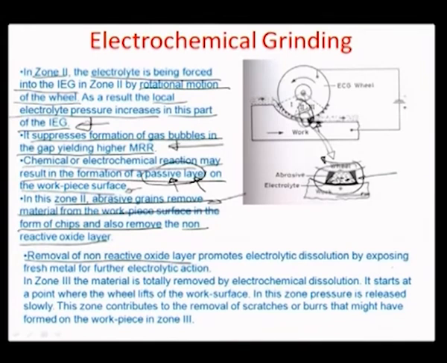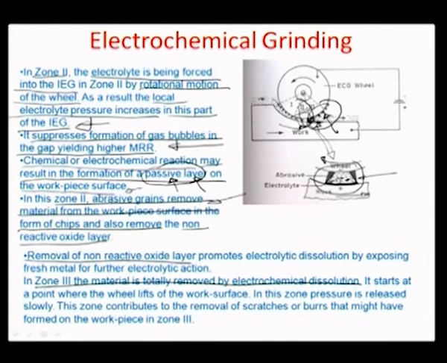Finally, zone 3 comes into the picture, where there is mostly electrochemical removal, because there is a field which exists. There is no direct contact, of course, between the grains sticking out of the wheel and the surface, but because of the ambient field and the presence of the electrolyte, which has been thrown forward by the grinding wheel, there is always a tendency of the material to be removed in an electrochemically dissolving mode.